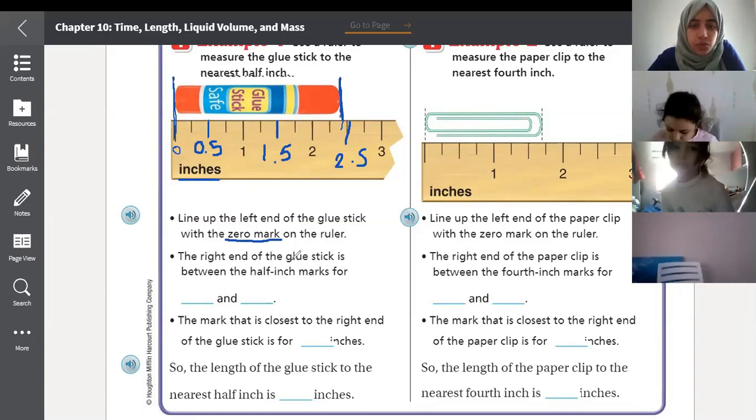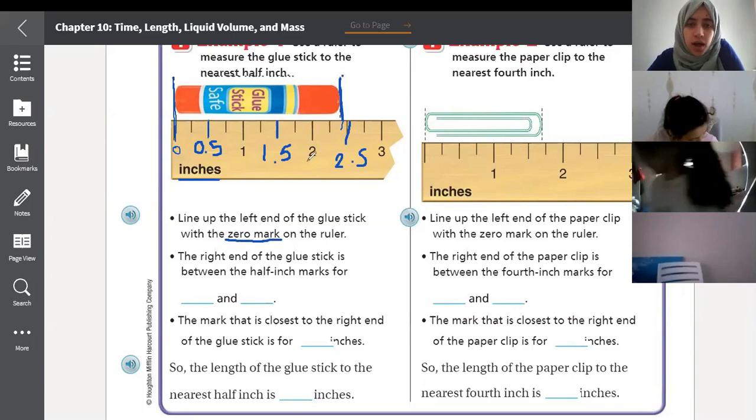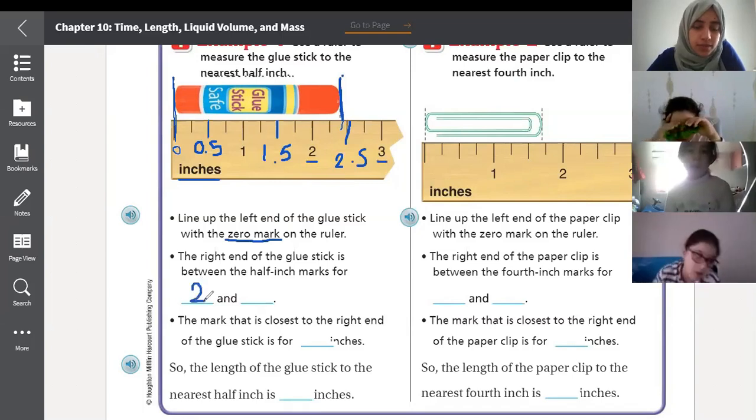The right end of the glue stick, which is this end, is between the half-inch marks of 2 and 3.